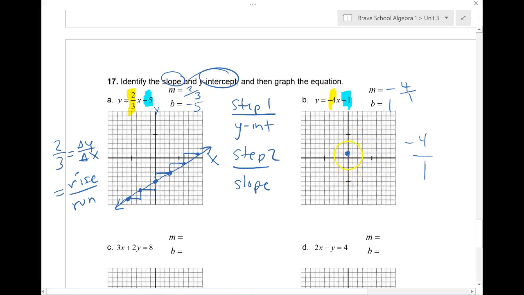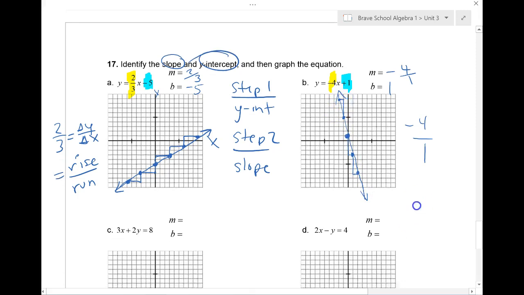Down 4, then right 1. Down 4, right 1. And we can't go any further there, so let's go up the other way. So instead of down 4, now we go up 4 and left 1. Up 4, left 1. Okay, now we can just connect the dots. And put arrows on the end.